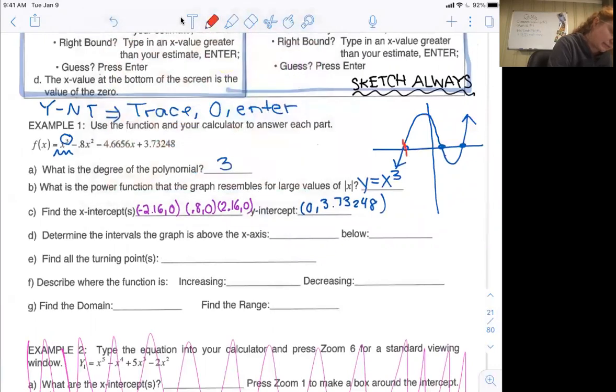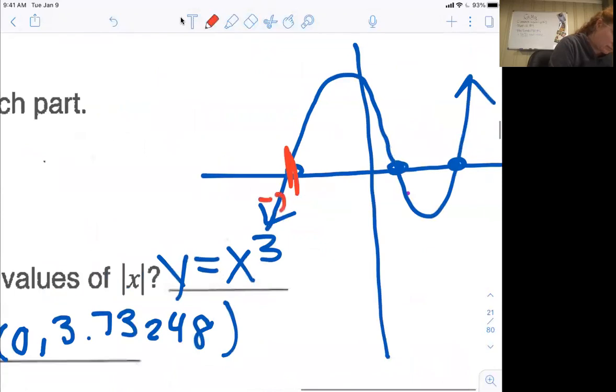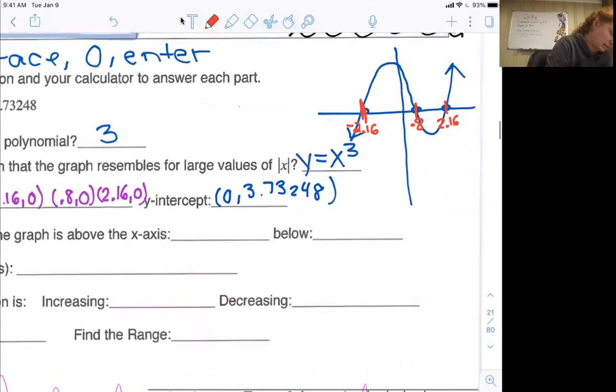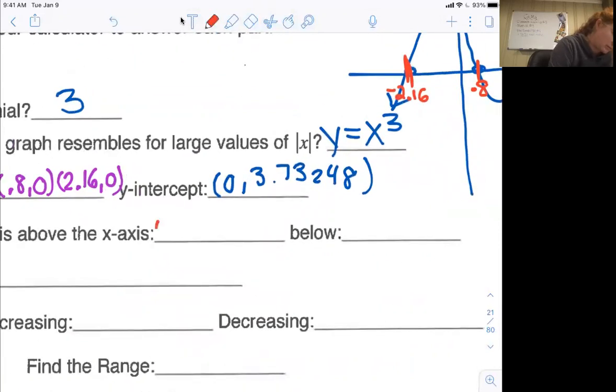This x value here, remember, was negative 2.16, this x value here was located at 0.8, and this x value here was 2.16. So it is above between these two values. So the first thing is it is above the x-axis from negative 2.16 comma 0.8.